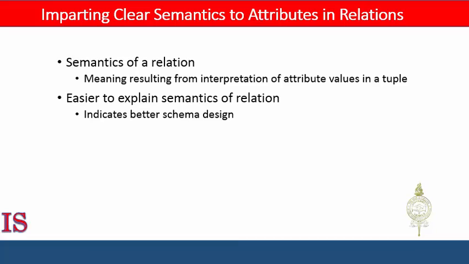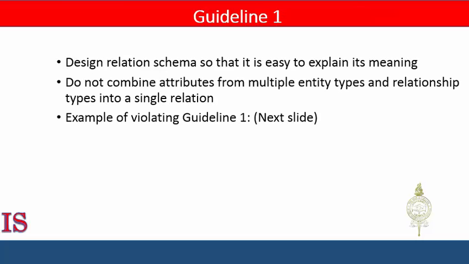We can formulate the following informal design guideline. Guideline number 1. Design a relation schema so that it is easy to explain its meaning. Do not combine attributes from multiple entity types and relationship types into a single relation.